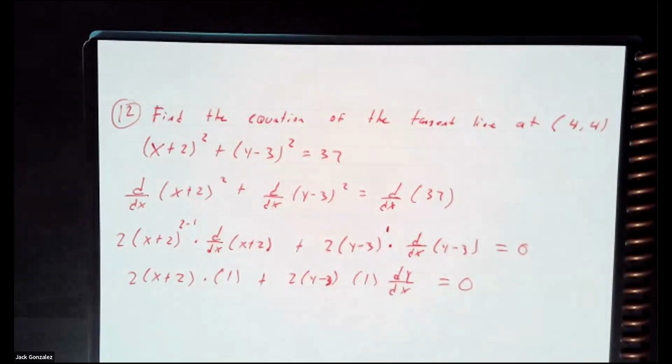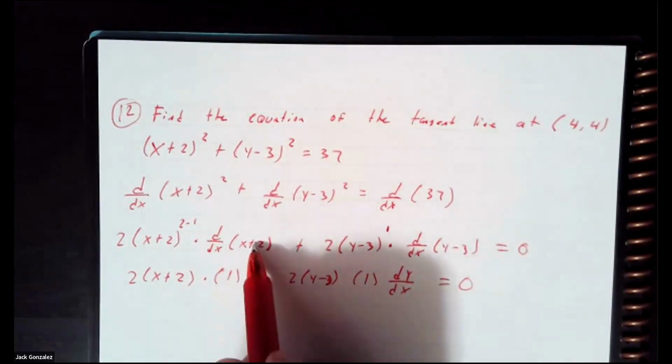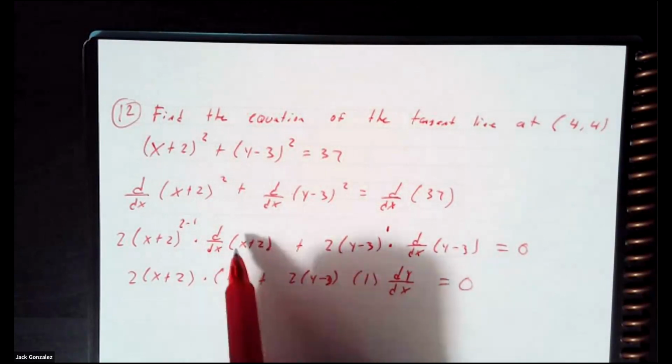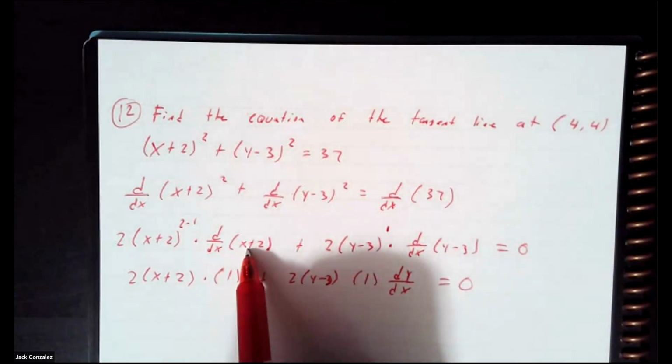Any questions on the derivative step? So for the d/dx of x plus 2, we only put 1. But for the y, we put 1 times dy/dx. Why is that? When you take a derivative with respect to a different variable, see how this is an x for an x?